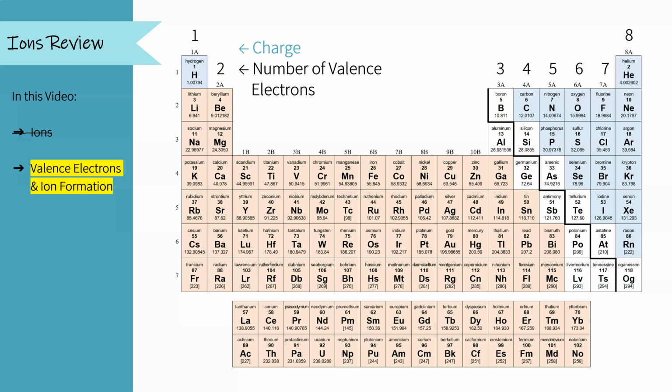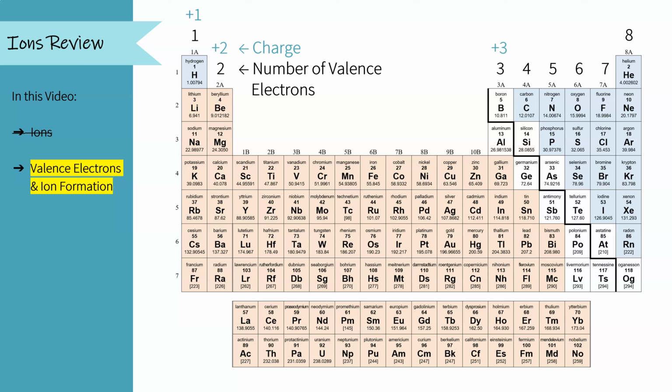We're always going to go with the smaller number, so lithium is going to choose to give up 1 electron, and that will give it a +1 charge, right, minus a negative thing. Beryllium has 2 valence electrons. It could give up 2 electrons or go around and steal 6 electrons. It's going to choose to give up, and so we'll end up with a +2 charge.